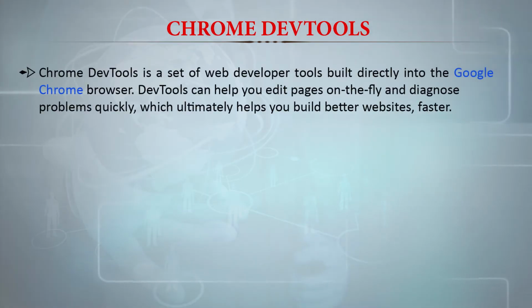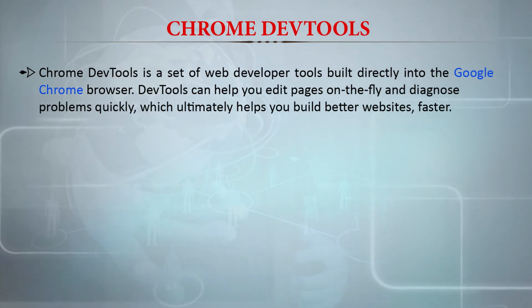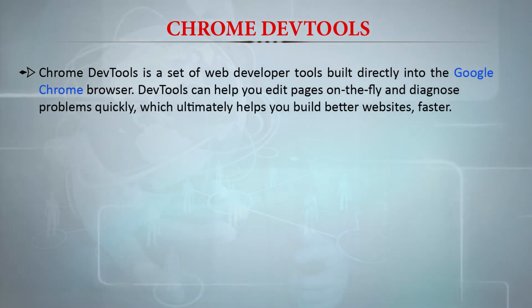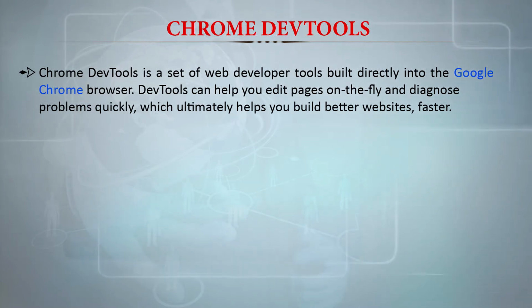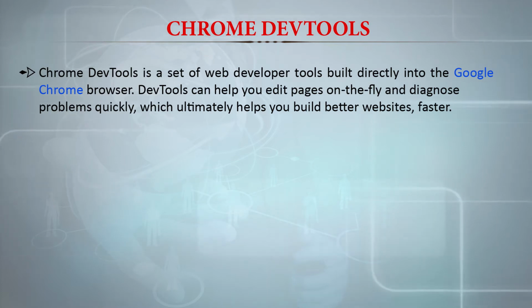Now let us have a look at the Chrome Developer Tools. Chrome Developer Tools is a set of web developer tools built directly into the Google Chrome browser. Developer tools can help you edit pages on the fly and diagnose problems quickly, which ultimately helps you build better websites faster.